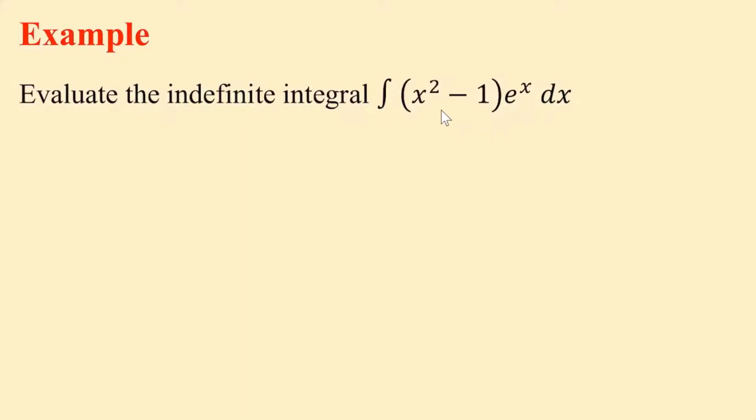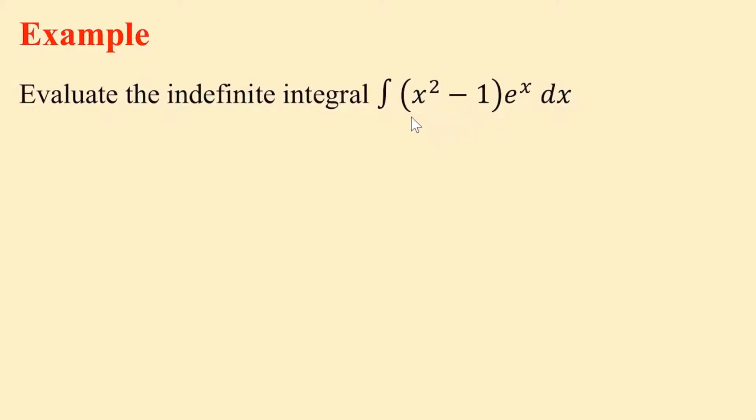Sometimes if one of the functions is the polynomial function like this, and when you derive this continuously, if it goes to 0, instead of using integration by parts, you can also use a quick method called the table method to evaluate this integral. So I'm going to show you how you can use the table method to evaluate this integral.